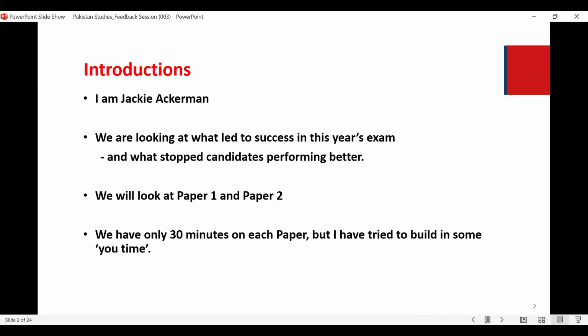There are 2 elements to the presentation. We've got paper 1 and paper 2, so we are going to be moving at pace. I'm going to provide generic comments, which you can apply to whatever topic your candidates have studied. I have tried to build in a little bit of time for you to think about what makes a candidate successful in a particular question.